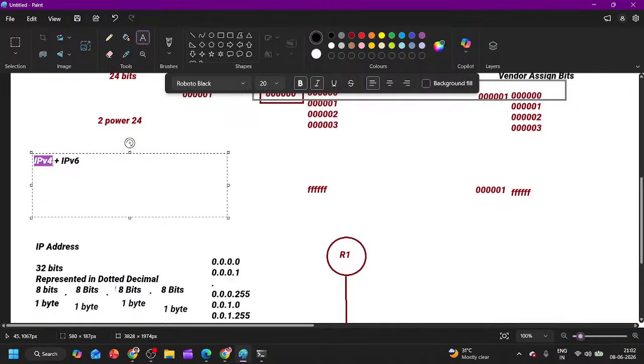Most of your routing protocols, switching protocols, and firewall policies are already implemented over IPv4 addresses, and it is not so easy to replace everything from IPv4 to IPv6. So maybe in future all our technology is going to shift over to IPv6. Then you won't need to learn IPv4, but not at this moment.